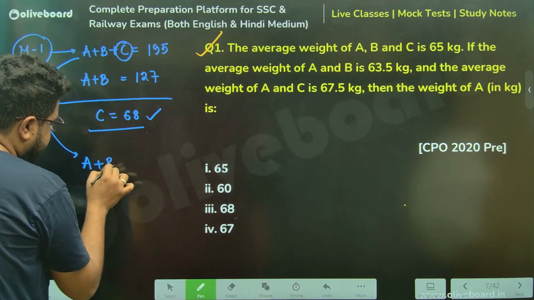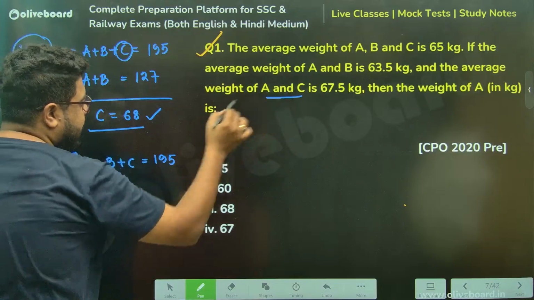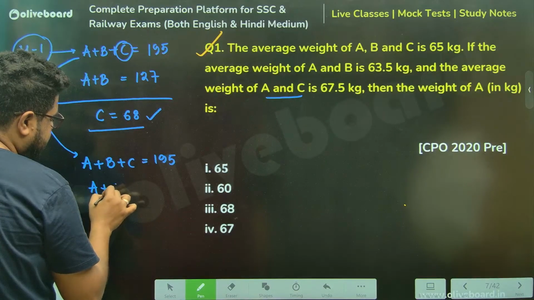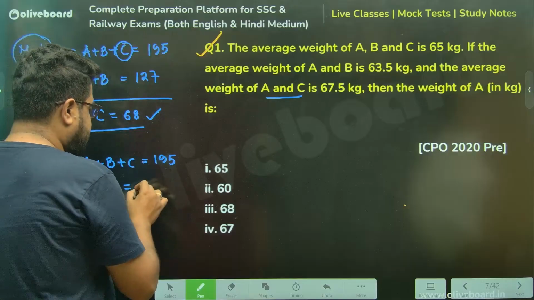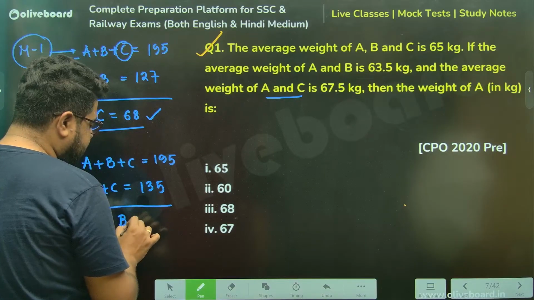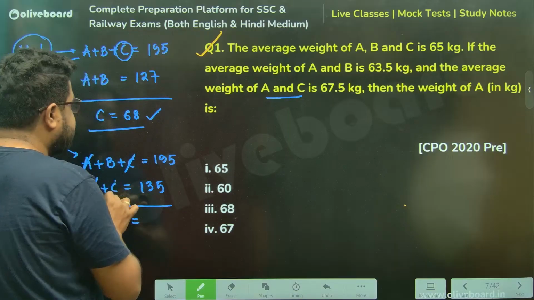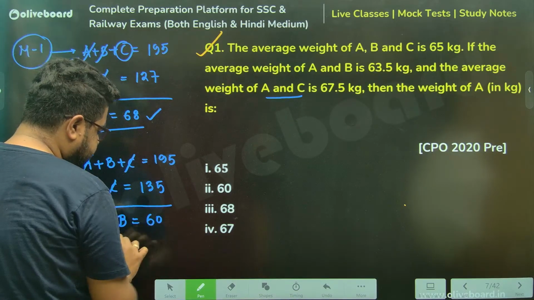A plus B plus C is 195. Average of A and C is given, meaning A plus C I can figure out. So 67, 2s are 134, 135. So the value of B I'll get from here. A and C will cancel. Here AB cancelled. So this will be 60.